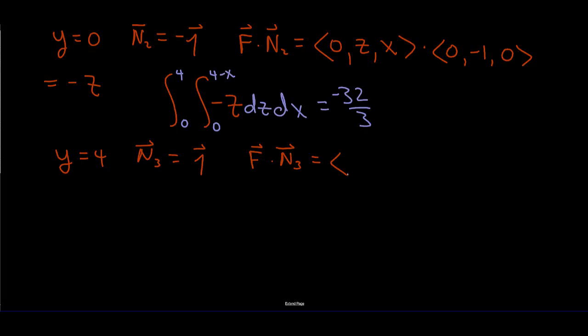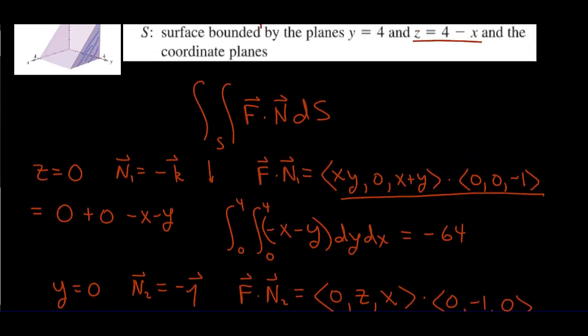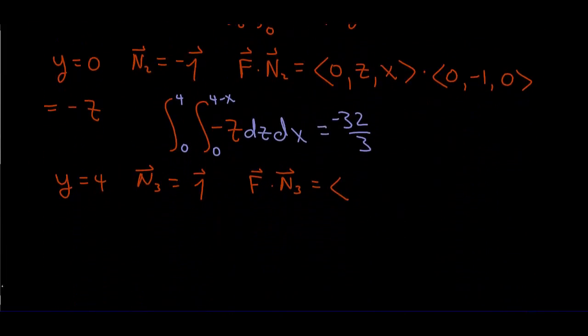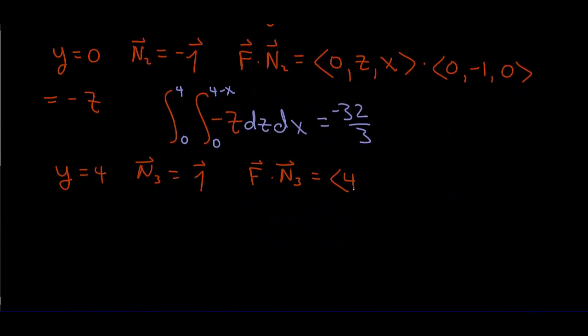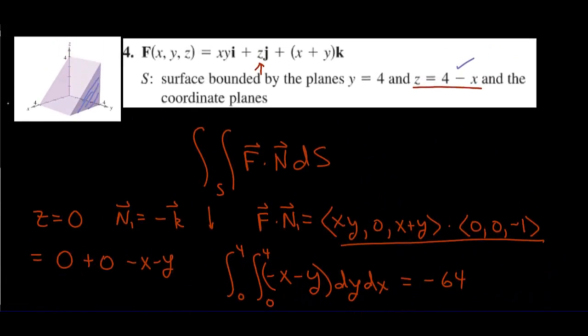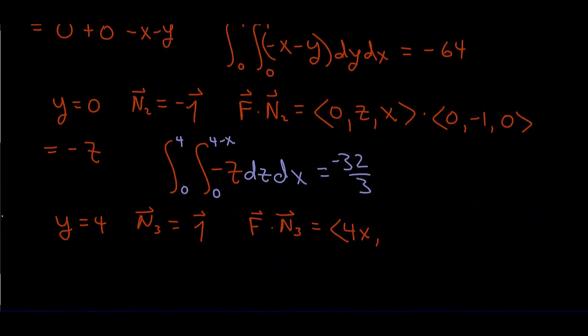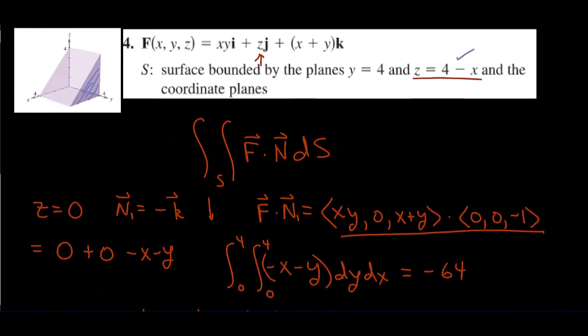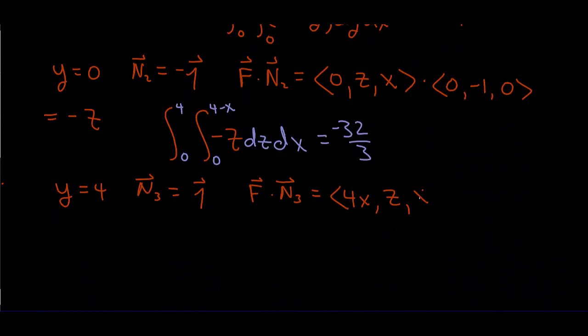Now, things are going to be a little different, because notice we've got xy, and y is equal to 4. So this is going to be 4x. The middle term is z, so that's just itself, z. And the last term is x plus y, so that's x plus 4. And we're dotting that with (0, 1, 0).